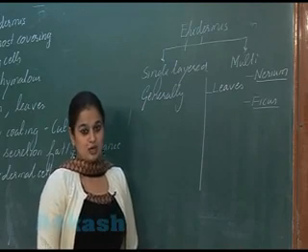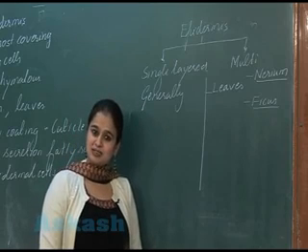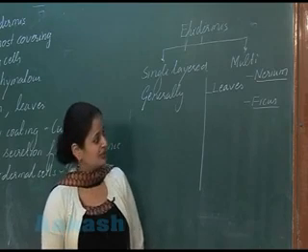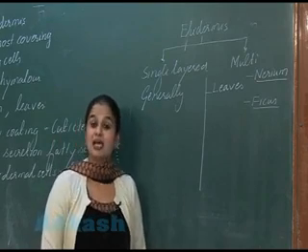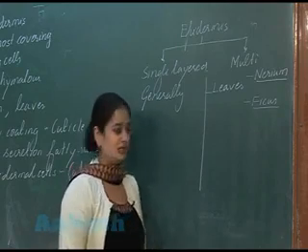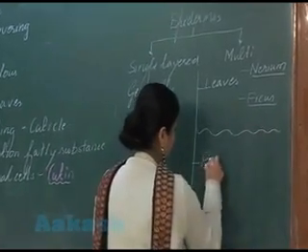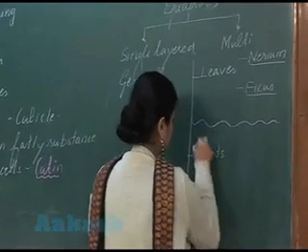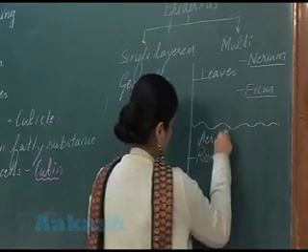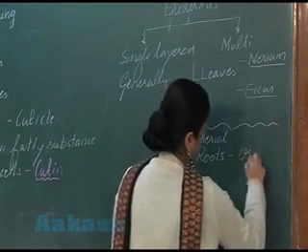Got it? So to prevent water loss through the leaves in these xerophytic plants, the epidermis is multi-layered. Along with that, multi-layered epidermis is also seen in roots of orchids.